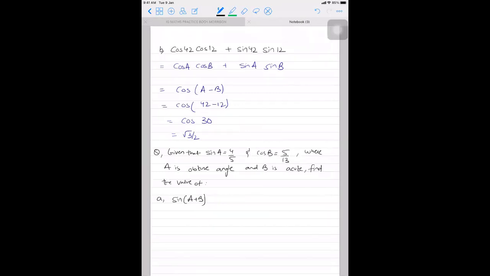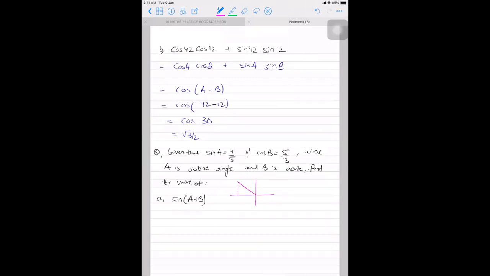So we need to find the value of sine of A plus B. B is an acute angle, so we don't need to worry about that, but A is an obtuse angle. If A is obtuse, in which quadrant is angle A going to lie? Second. So sine of A is still going to be positive, because in the second quadrant sine is positive.